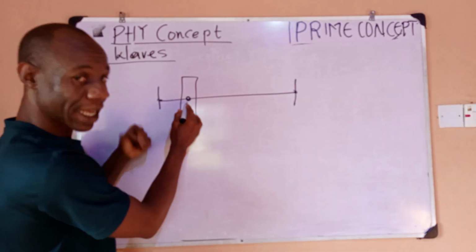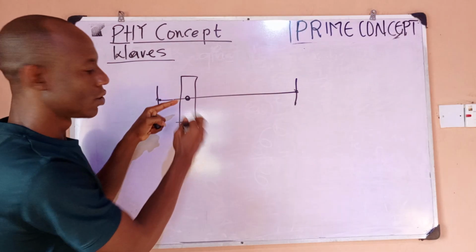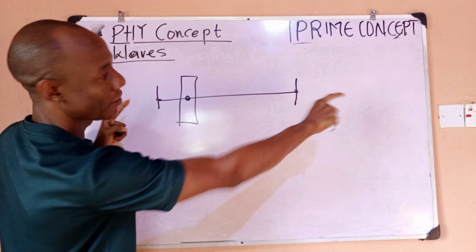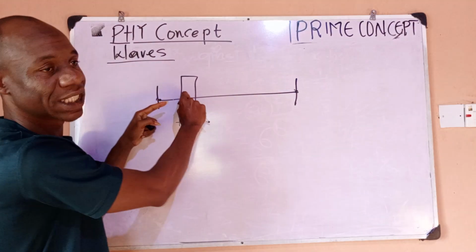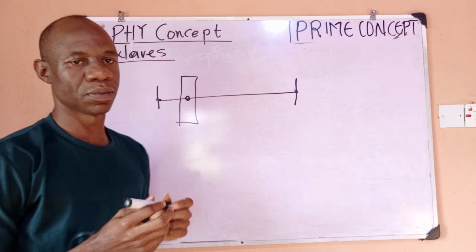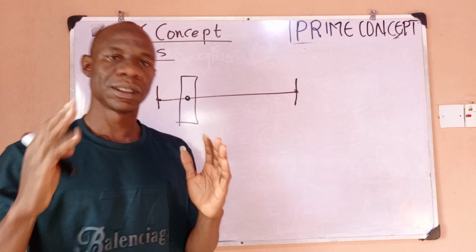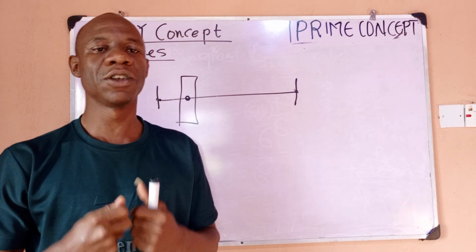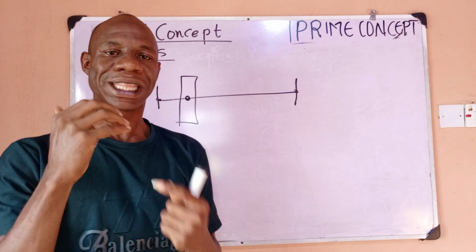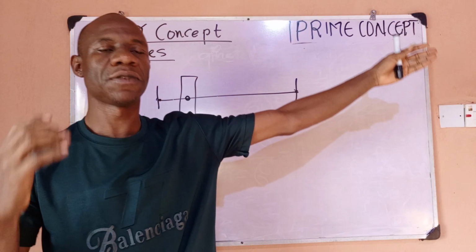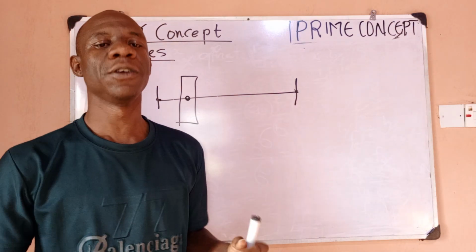So this represents a particle of the rope. While it vibrates about a main position, it doesn't travel, but the disturbance you set up travels along the length of the rope. So that is a wave: a movement of disturbance from one point of a medium to another point without a movement, of course, of the particles of that medium.